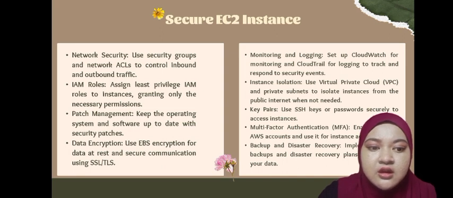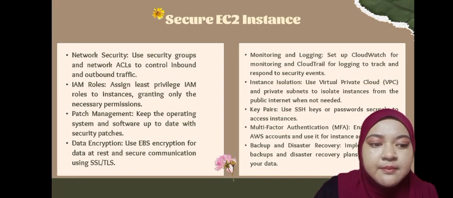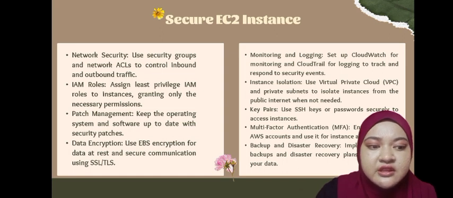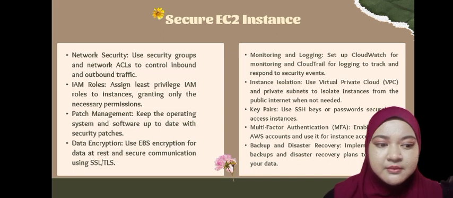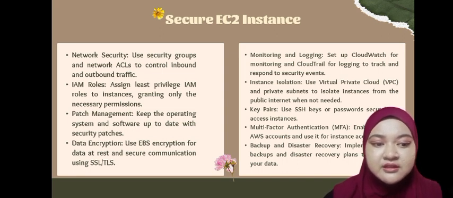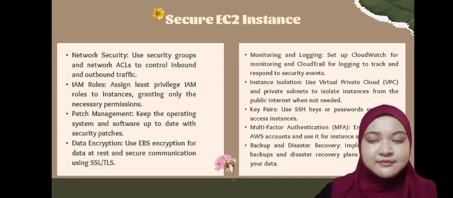Multi-factor authentication, or MFA: enable MFA for the AWS account and use it for instance access. And the last one is backup and disaster recovery. Implement regular backup and disaster recovery plans to safeguard your data.